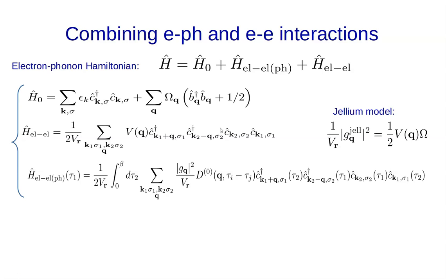So what we're going to do today is to combine that effective electron-electron interaction mediated by the phonons with the actual electron-electron interaction that we studied before, right? The one that comes from the pure Coulomb interaction V of Q, right?